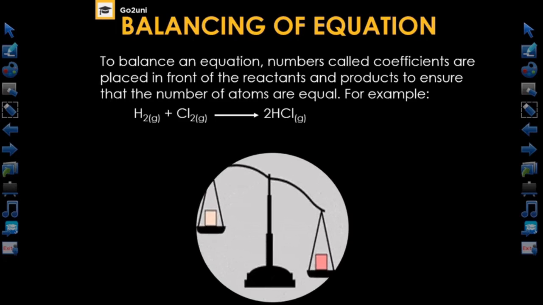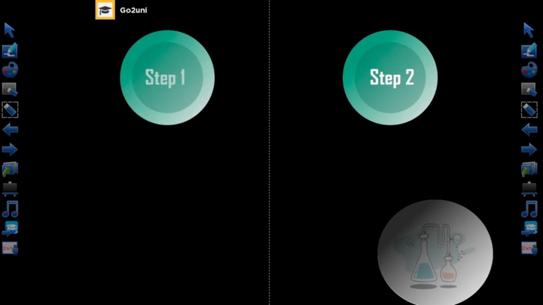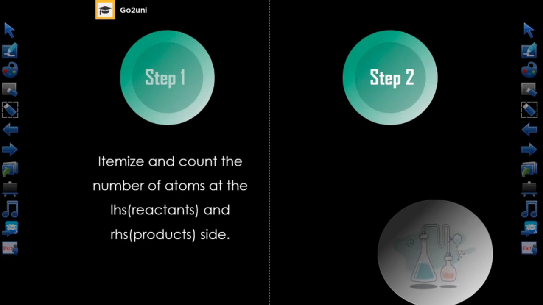Let us therefore take a look at the rules for which we ought to balance any given equation. Taking out these rules or steps, we begin with the first step to balance equations.